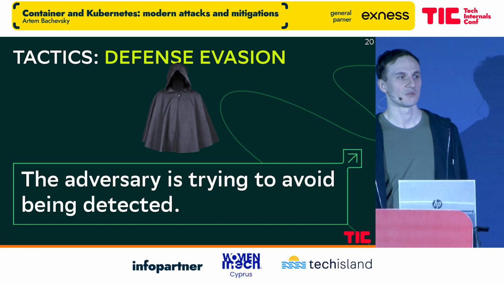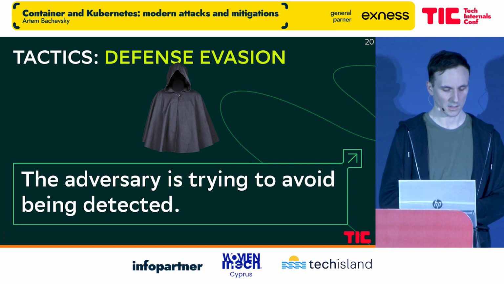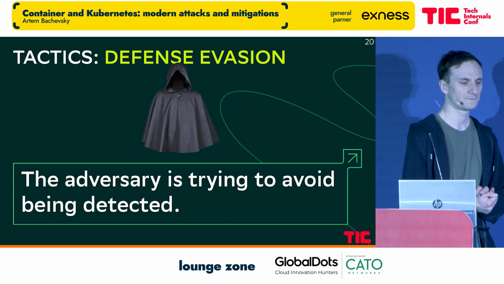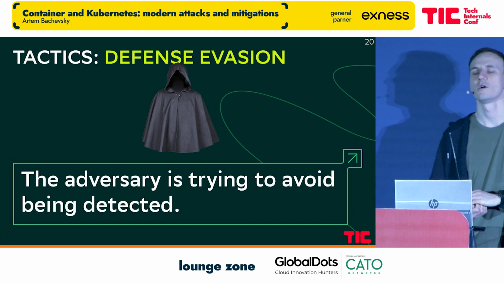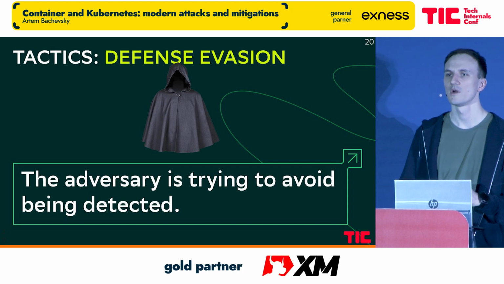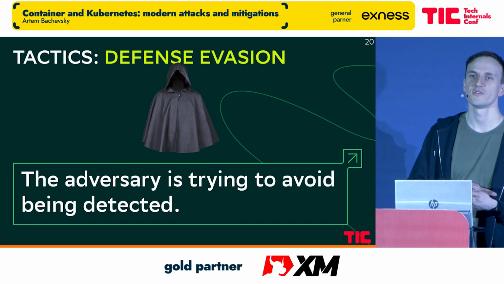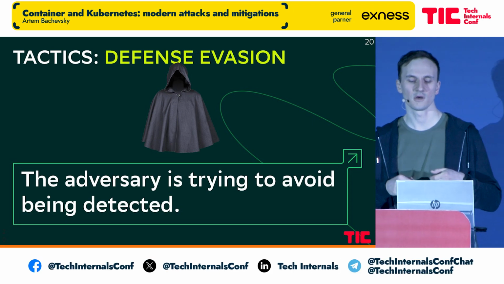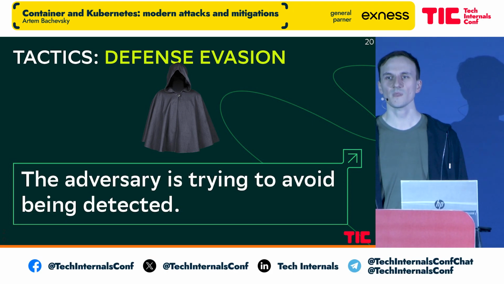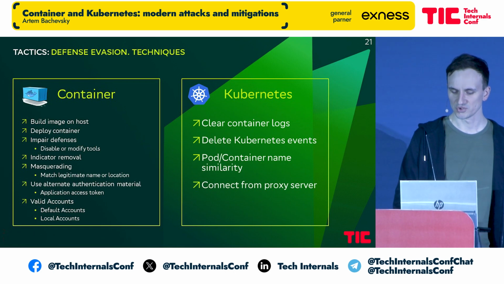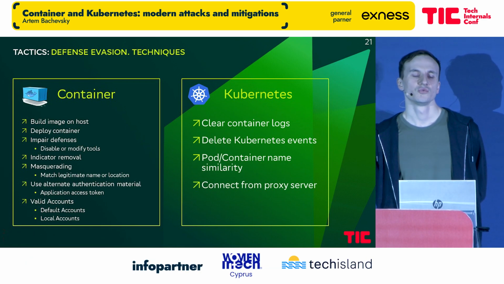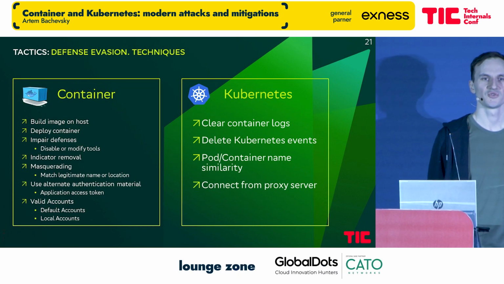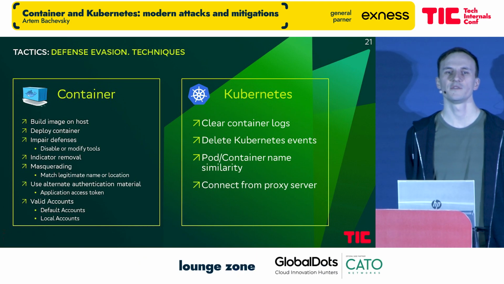And defense evasion. What's about it? You are in an infrastructure. You could execute something, you have some permissions, but there are some security measures inside that infrastructure, and you don't want to be detected. The first way to do it is to try to disable or modify security tools.